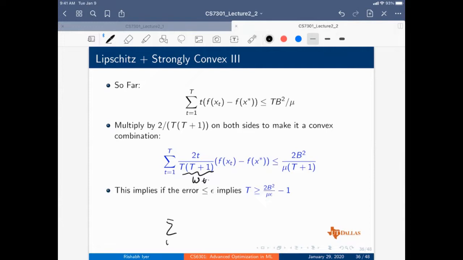So we have a weighted WT times f of xt minus f of x star less than or equal to 2b square over mu times t plus 1, right? So now we have a result where we have a bound that goes to 1 over t instead of 1 over square root t, okay? And this is because of using strong convexity.